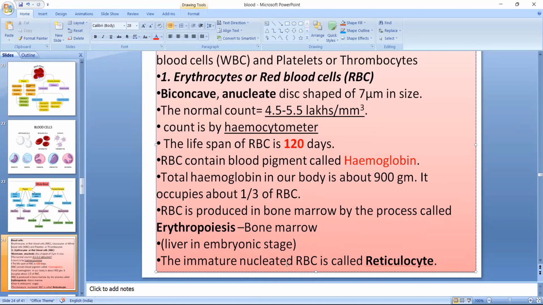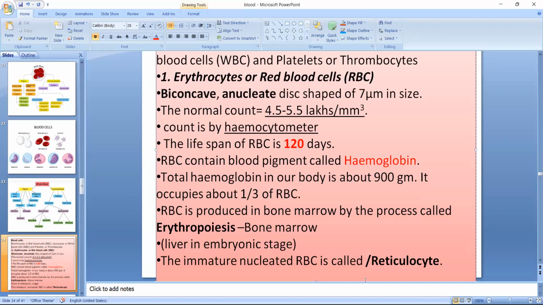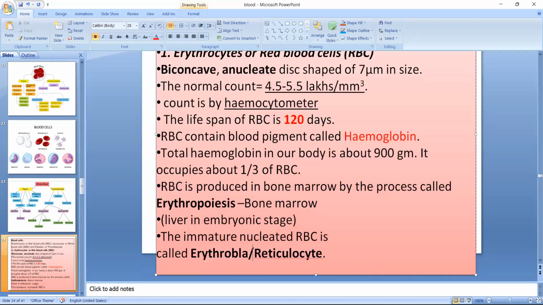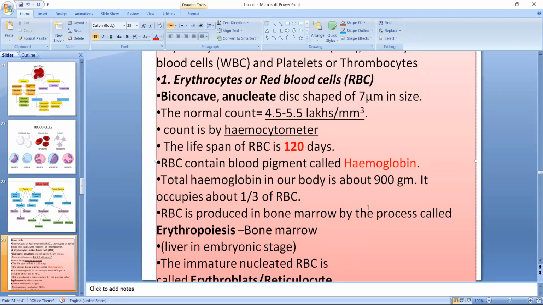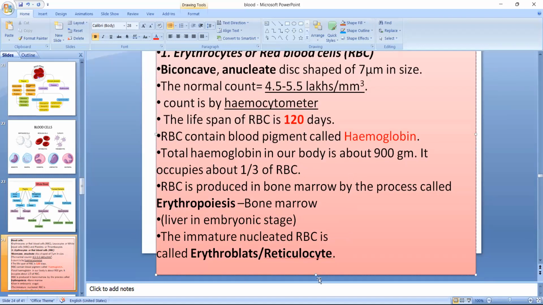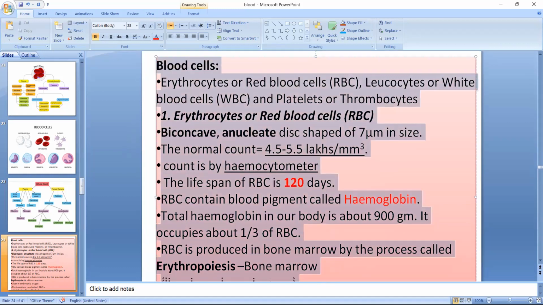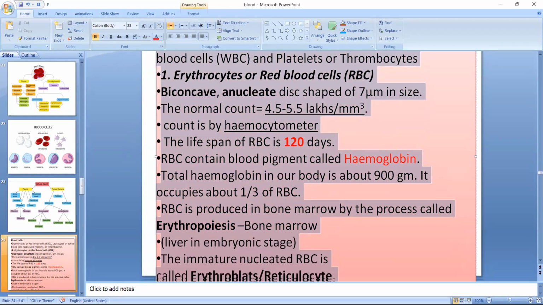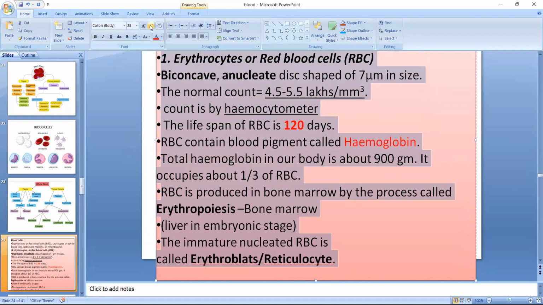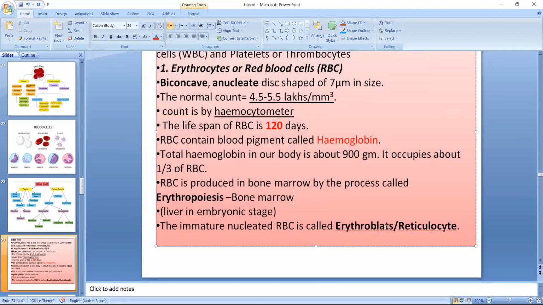The immature nucleated RBCs are called reticulocytes. There are also other stages: proerythroblast, erythroblasts, normoblasts, reticulocytes.